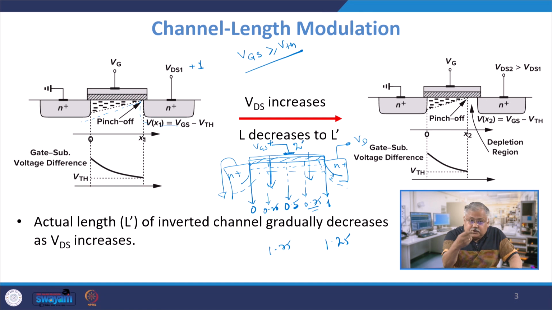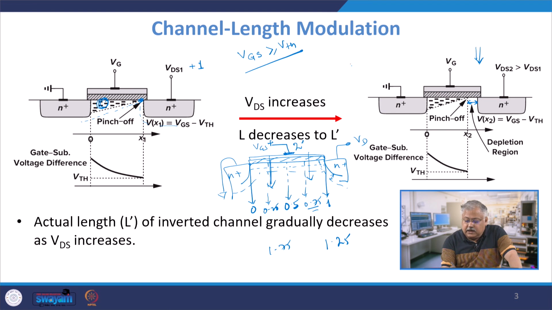And that is also visible from the fact that you now have a larger amount of inversion charge near the source end and a lesser amount of inversion charge on the drain end. If you still go on increasing the value of drain to source voltage, the pinch off point, where the inversion layer finishes, will start shifting to the left towards the source end, because depletion thickness becomes more and more, and that is shown in the second graph.